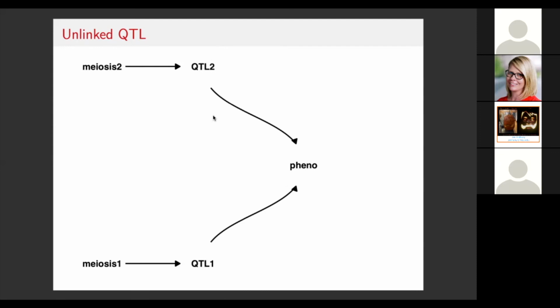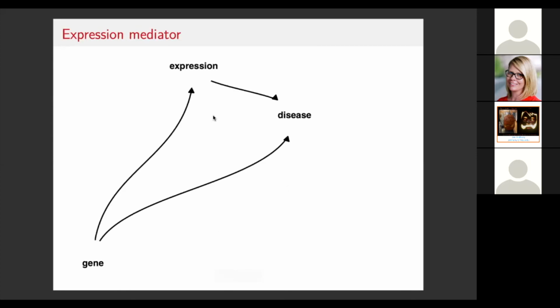But that I'll come to a little later. I'll skip these in the interest of time. We have seen this expression also here. This is a mediator example. You want to see how much of the effect of the gene on the disease is mediated through altering the expression of a certain gene versus a gene having a direct effect on the disease.